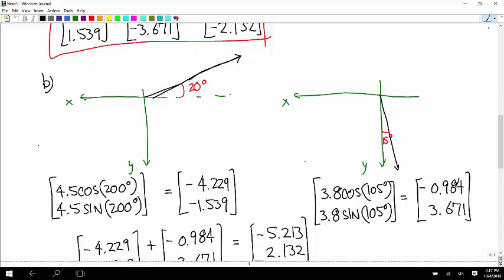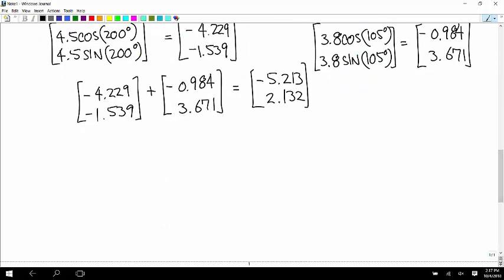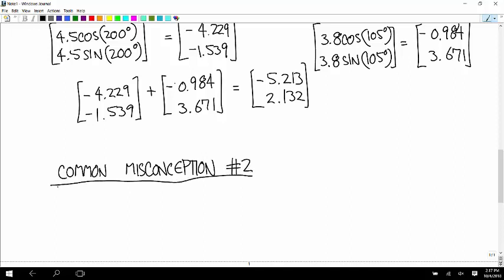Okay, so now we're on to common misconception number 2 in this class. And I'm going to say this in a way that doesn't seem very intuitively related.